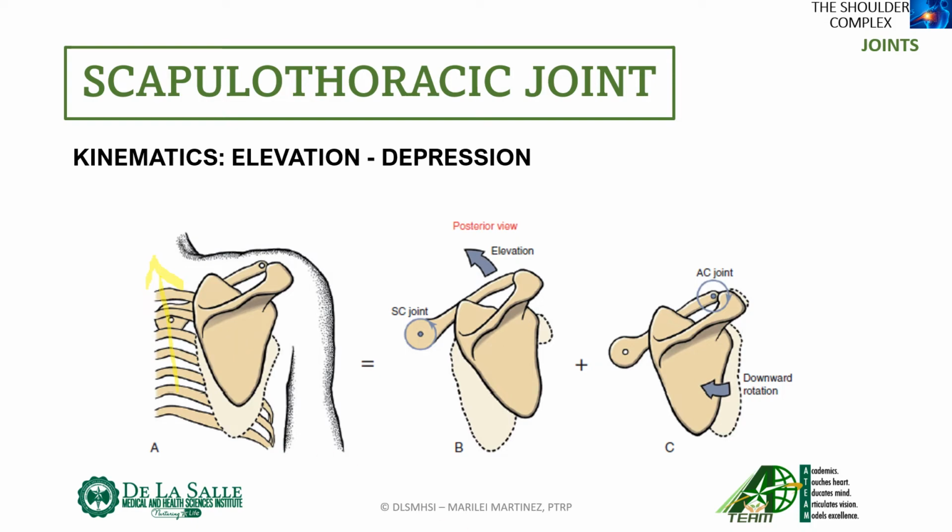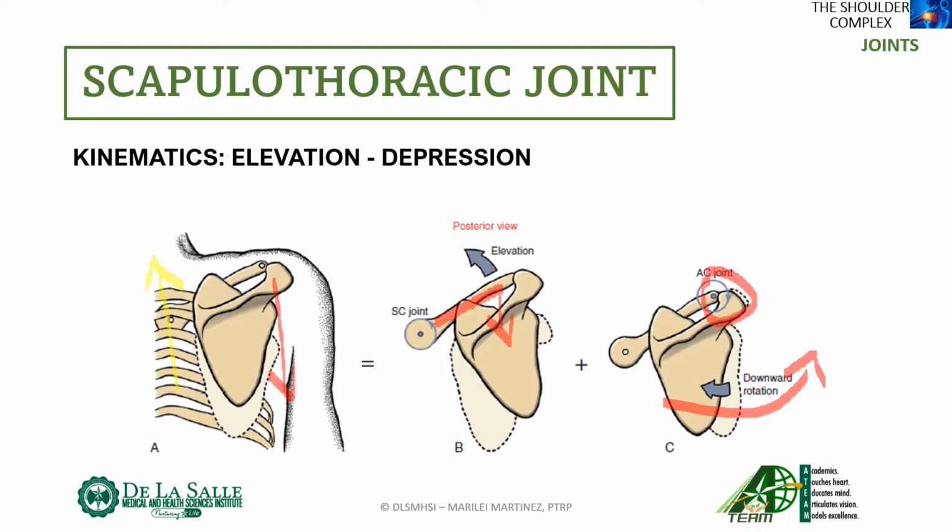So depression of the scapula in the scapulothoracic joint is from depression of the clavicle in the sternoclavicular joint and upward rotation of the scapula in the acromioclavicular joint.